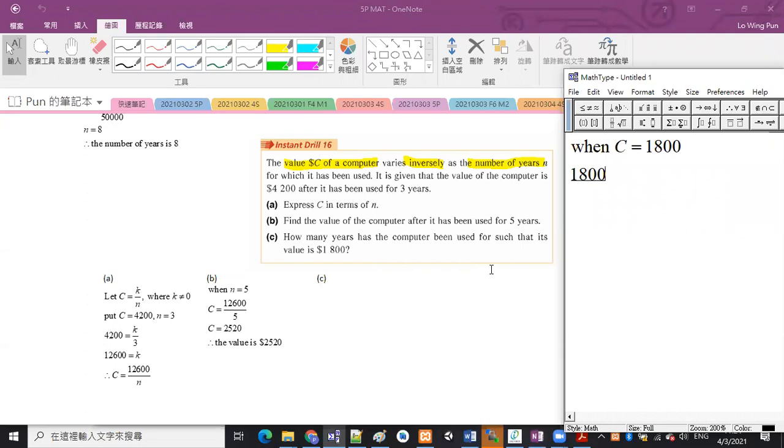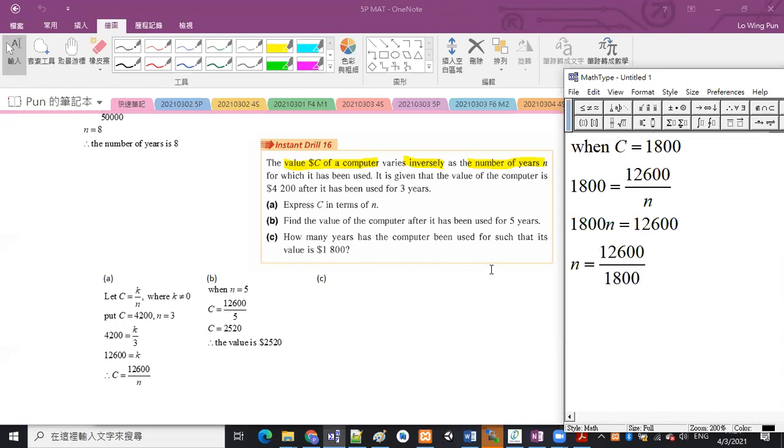So 1,800 is equal to 12600 divided by N. And the right-hand side is just one single fraction. So you may multiply the N to the left-hand side. Like this is equal to 12600. And then divide the 1,800 to the right-hand side. Okay, that's right.